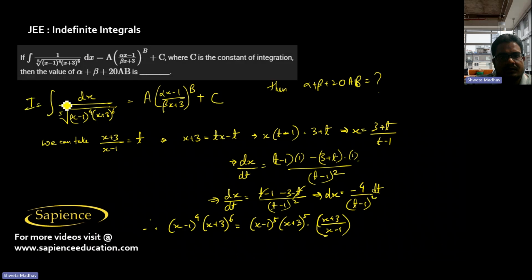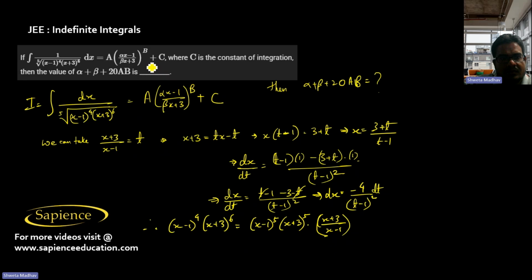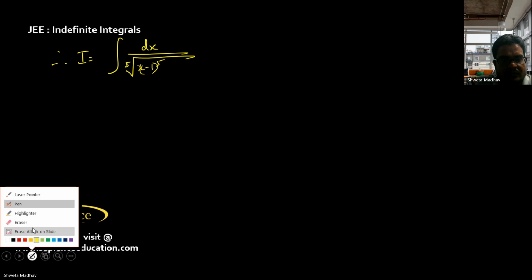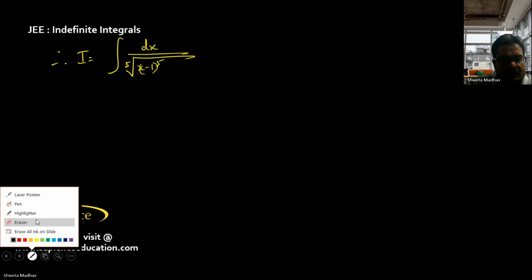Therefore the integral, let's call this I. So the integral I would be integral dx by fifth root of that.